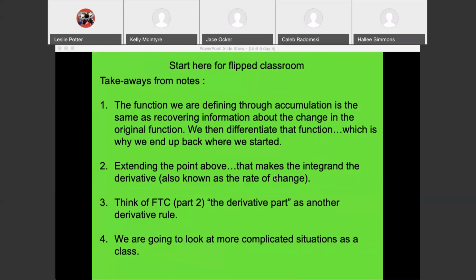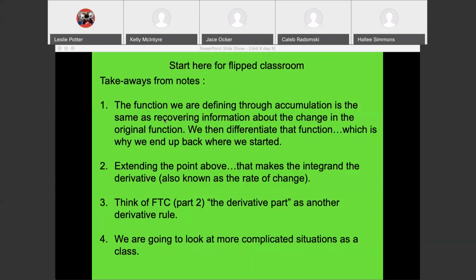We're still saying, I know that when I have a rate of change, I can recover information about the original function, even if I don't know what the original function is. In the notes, we knew that the original function was x squared, because we can see it. Okay, so this is that do and undo phenomenon. When we differentiate that accumulation, we end up back where we started.